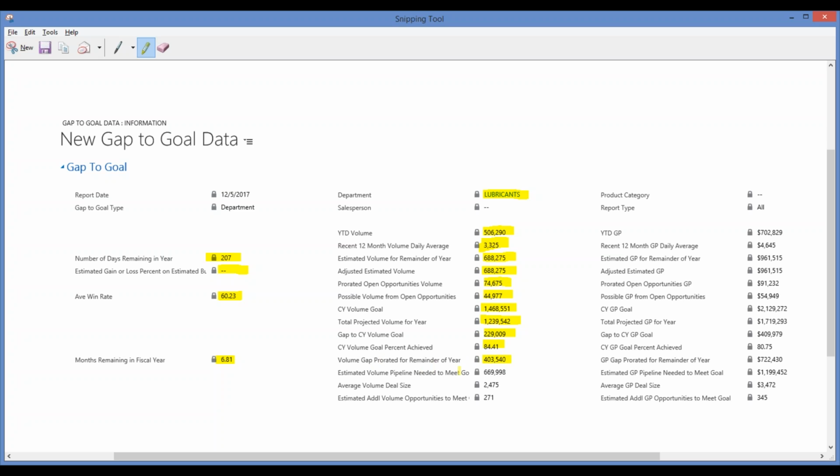But wait a minute, more information. Because I only win 60% of my opportunities, I really need about this many gallons in my pipeline. And we look back historically at your average deal size. So when you win an opportunity, how big are those wins? They're about that size. So based on all this data, your whole lubricants department needs 271 more opportunities to be added to your pipeline.